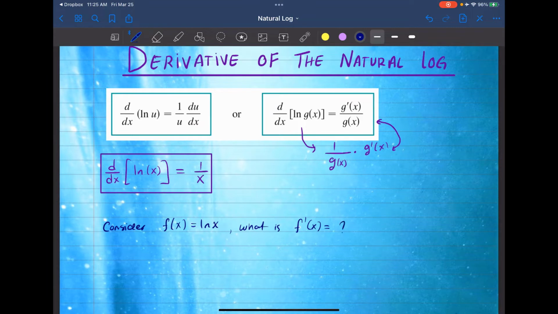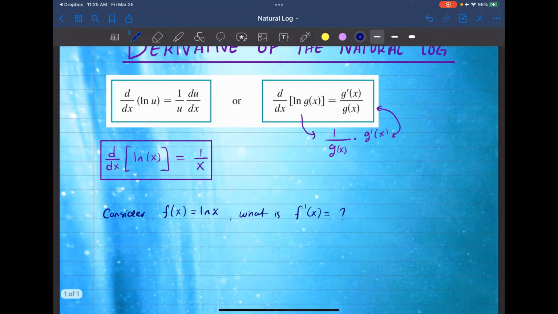That's what we're trying to derive. Now, the way I'm going to do it is as follows. Let ln of x be equal to y. By the definition of logarithms, think of it as there is a base e here. So this is really e to the power y equals x.